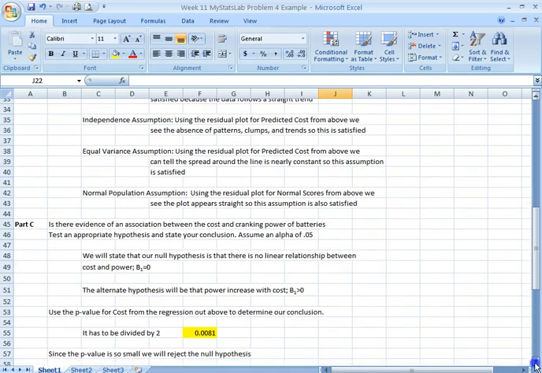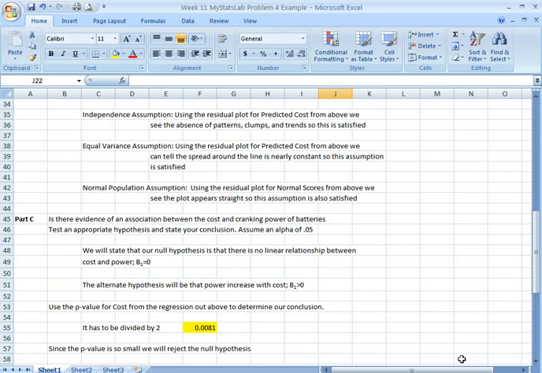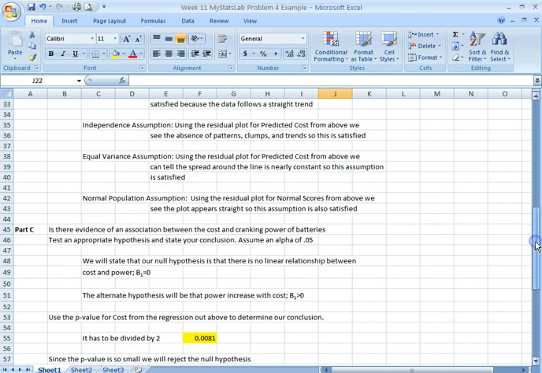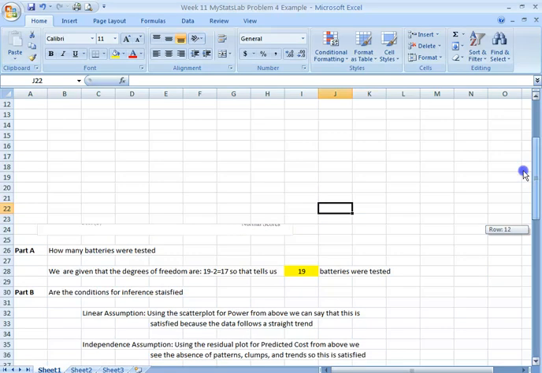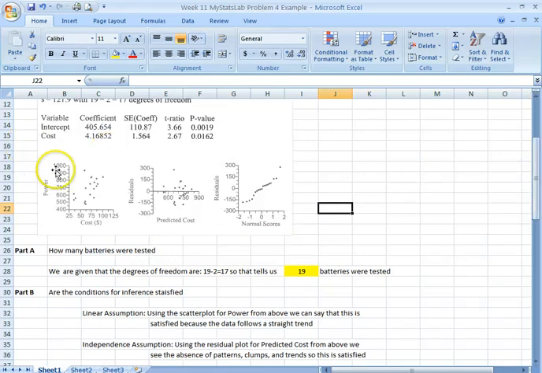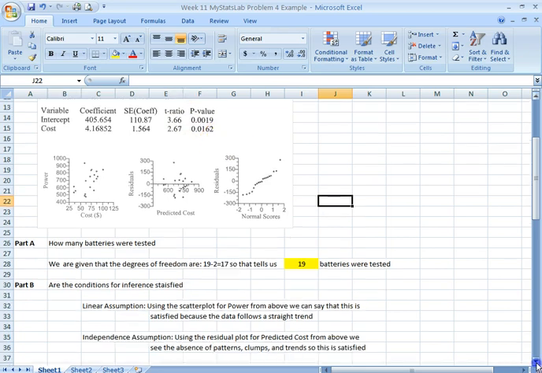So let's look at it this way. Using the p-value for the cost from the regression output above to determine our conclusion. If we go back up, we see here the p-value for our cost at 0.162.